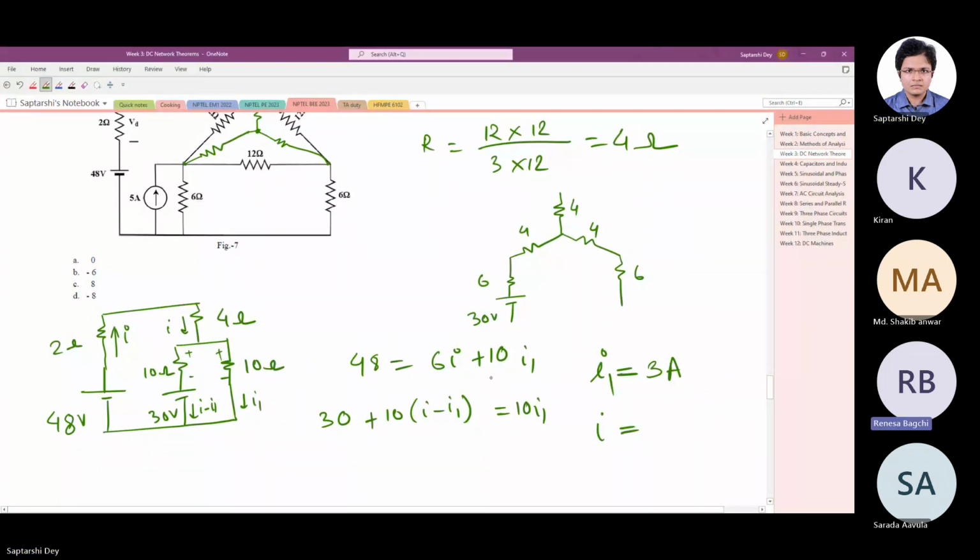And I is also coming 3. If this is 3, this is also 3. Yes, right. I minus I1, 3 minus 3 is 0. 18 plus 30, 48. So 3.